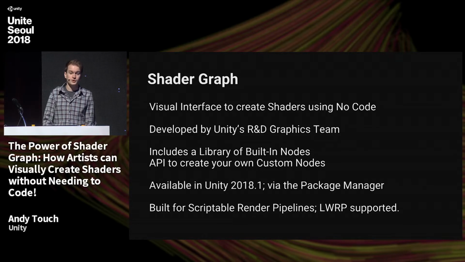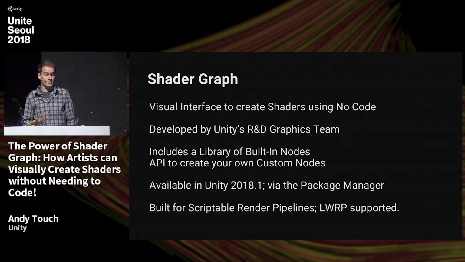And it's available in Unity 2018.1, and you can get it from the Package Manager directly inside the Unity editor. And you saw in the keynote John Elliott talk a bit about scriptable render pipelines and the new graphics and new rendering architecture that we're adding.